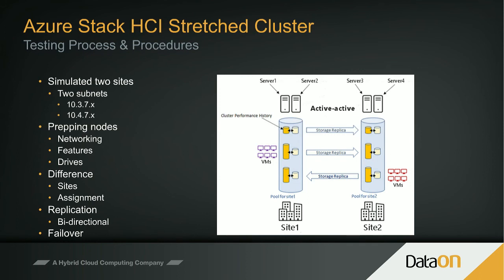The main difference I saw was creating the sites and then assigning those nodes to those sites. After you do that, you can basically continue on as if it is an S2D cluster, and running the Enable-ClusterStorageSpacesDirect cmdlet will kick off the creation of S2D.